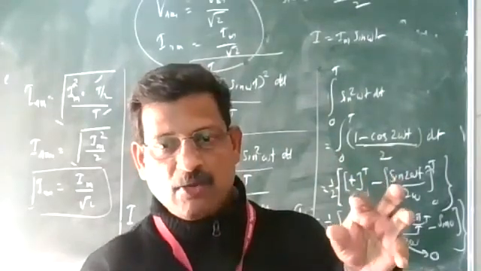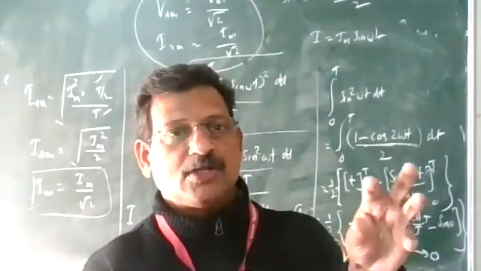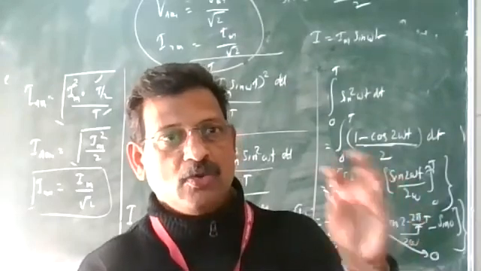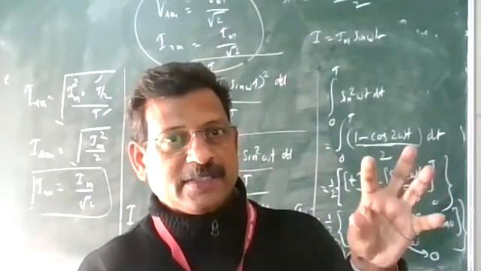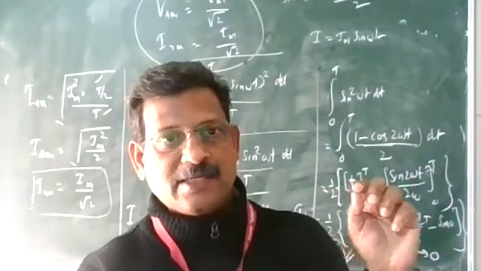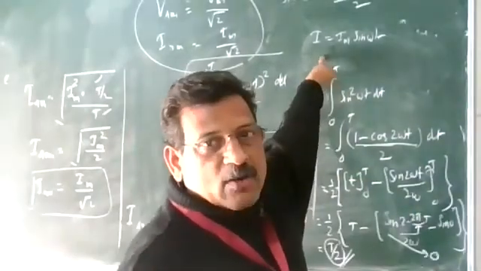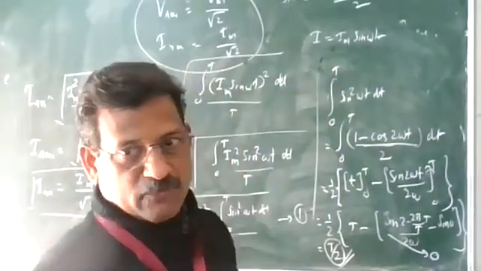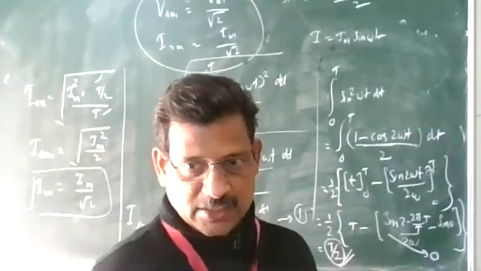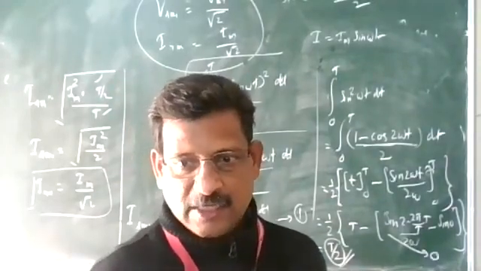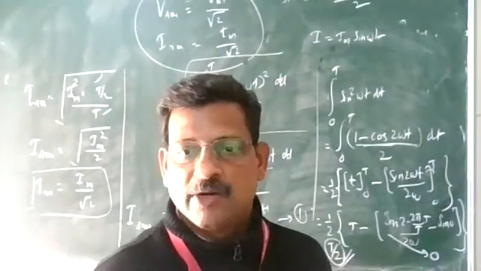So the I RMS value is that constant current I M by root 2 which produces the same amount of heat as alternating current flowing through the same resistor for the same time. Hence these devices are known as hot wire instruments.